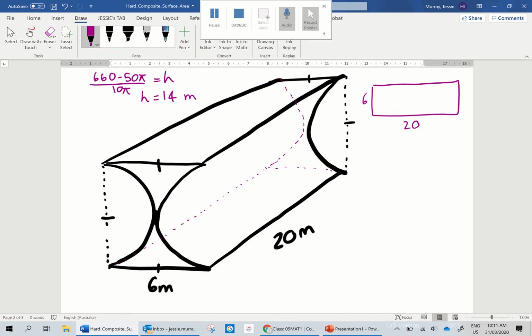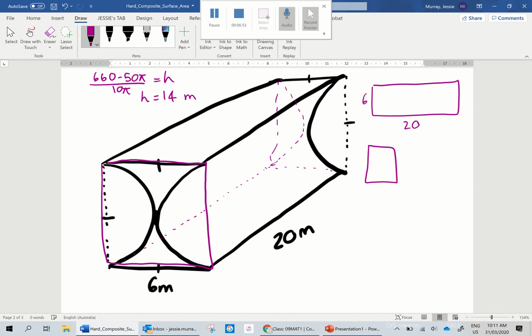Wow, this is a hard question, isn't it? I have 2 semicircles at the front. What it was, was 2 squares, because they were actually squares. This at the front here was actually a square.